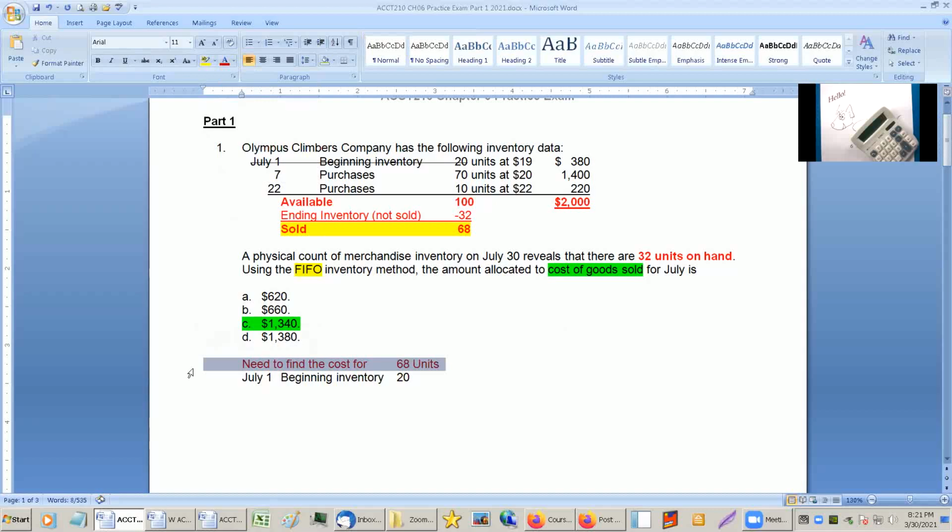Okay, so we still need to find the cost for some more. The July 1st beginning inventory, we had 20, we get those. So we still need to find cost for 48.